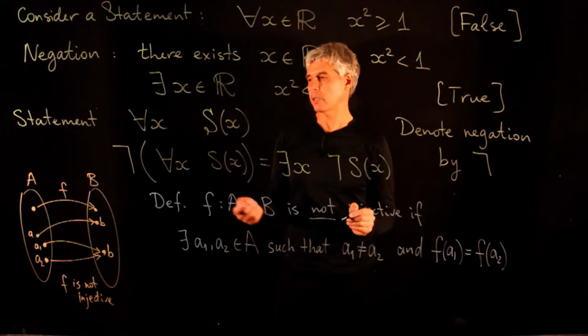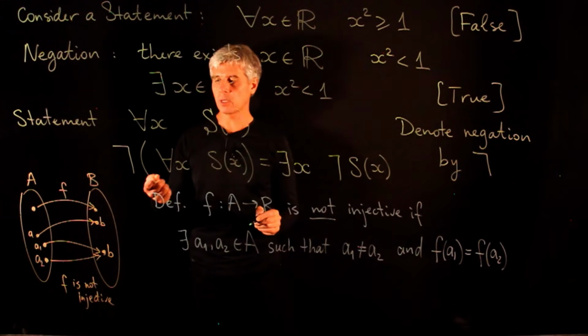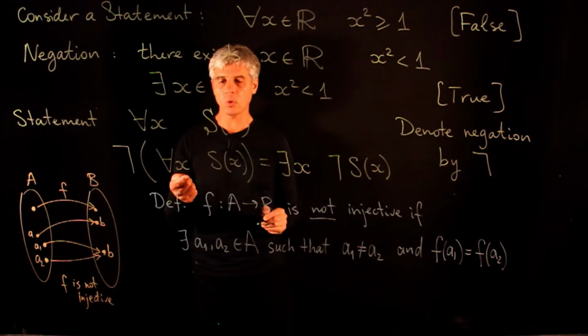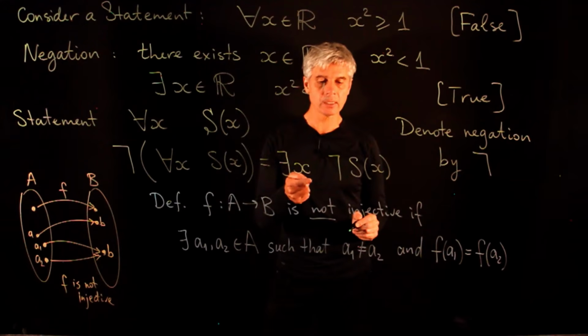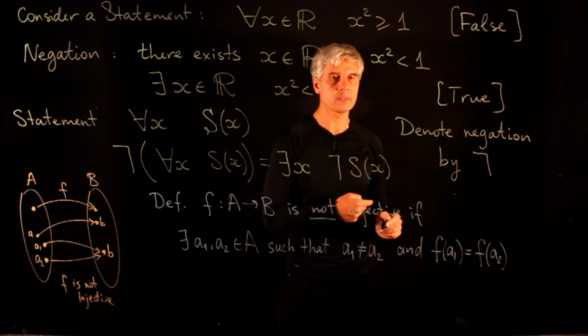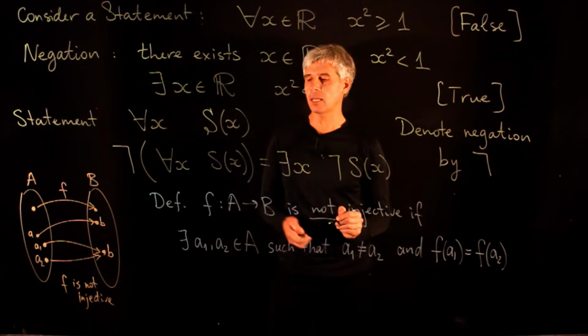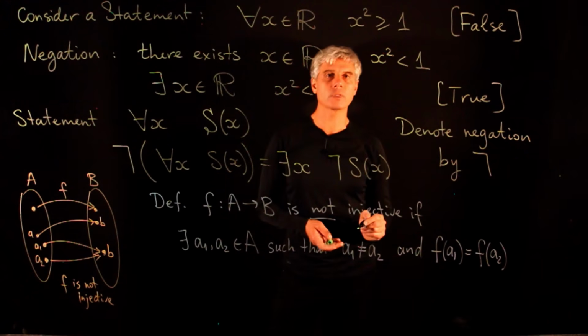So what we get is that the negation of the statement for all x, s of x is there exists an x such that not s of x. So this is how we negate a statement with a universal quantifier.